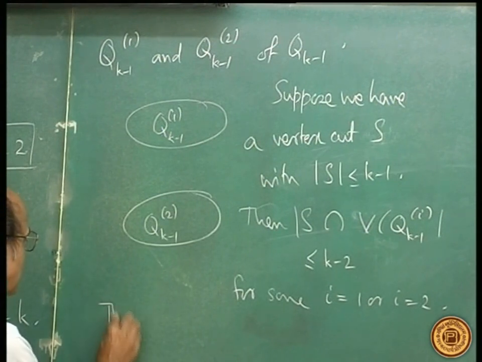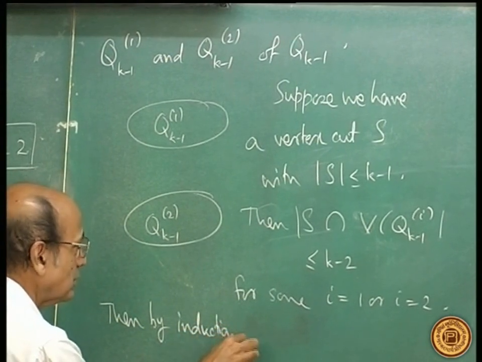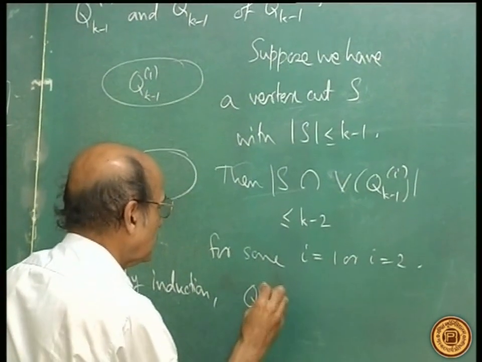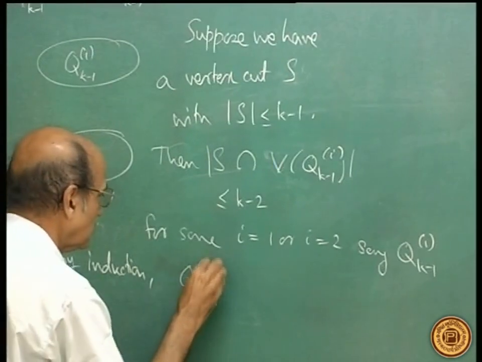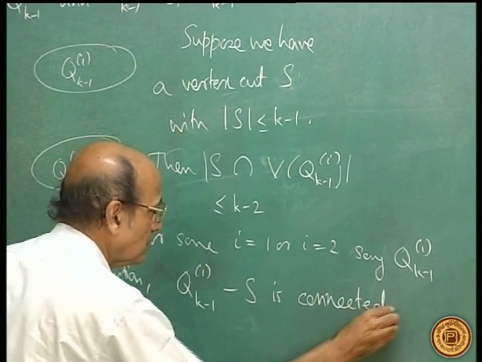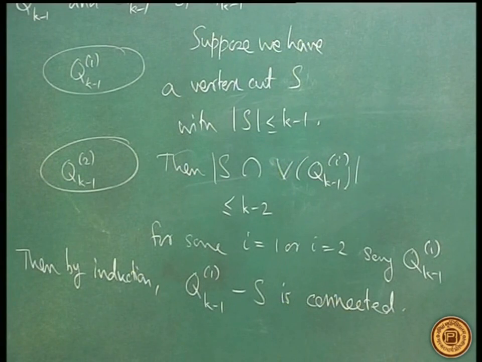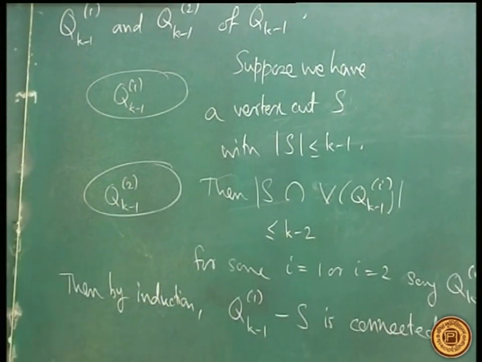Then by induction, Qk minus 1 is connected, because you are removing only k minus 2 vertices and not k minus 1 vertices. In order to disconnect this, you need at least k minus 1 vertices by the induction hypothesis.